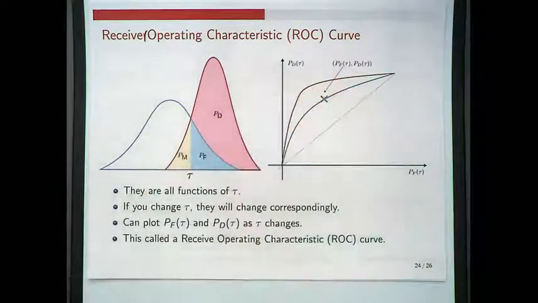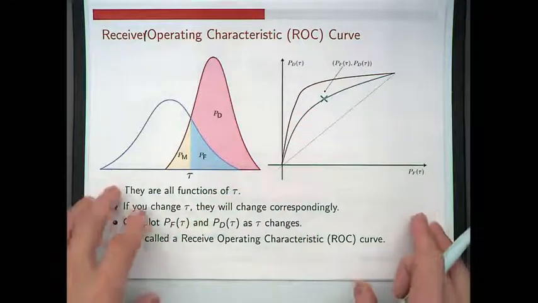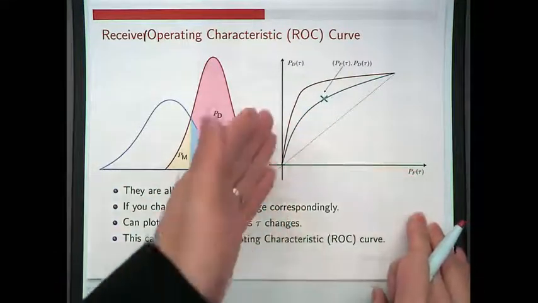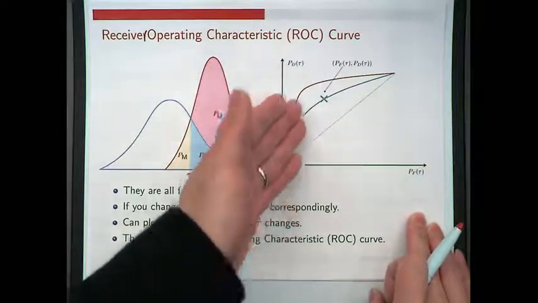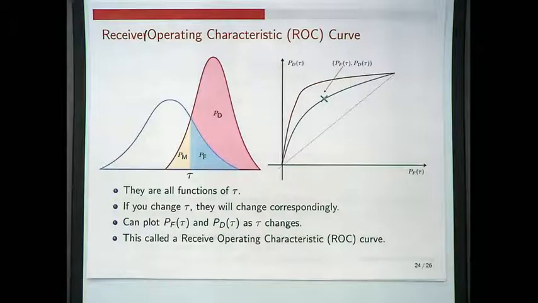Which point is good? You tell me, okay? You are the user of this problem. Then you tell me what you care about, and I will look at the curve. Since you want the false alarm rate to be no bigger than a certain level, that will be the operating point.